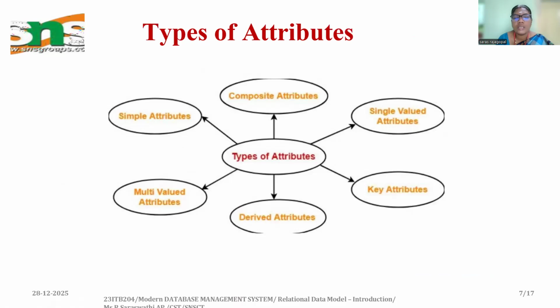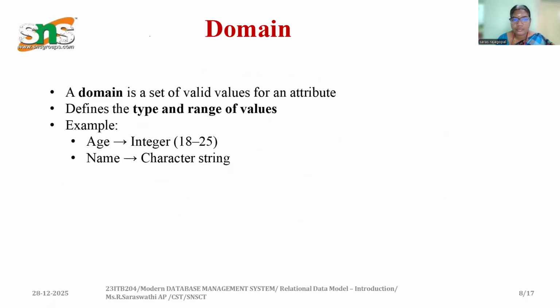Student number is a key attribute. Derived attribute: based on one attribute, you derive another attribute. From one attribute we can derive other information. That attribute is called a derived attribute. A simple attribute has only single values.